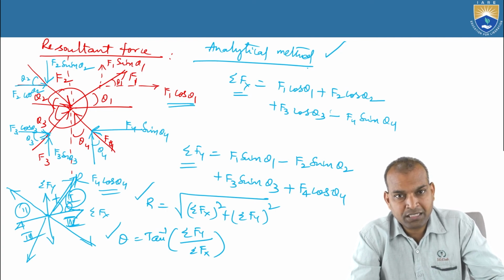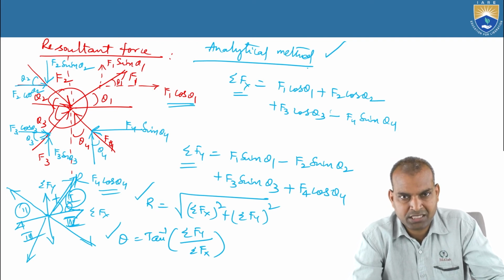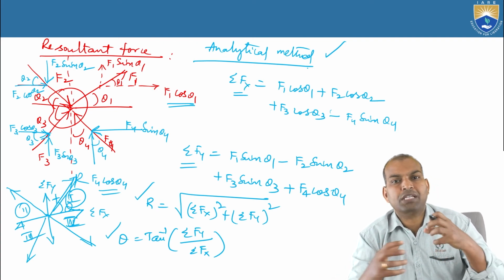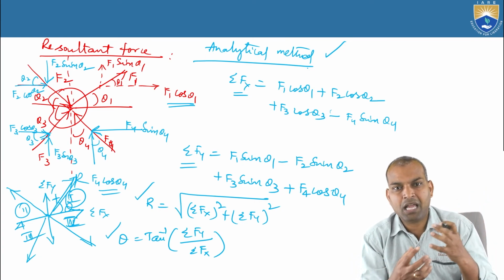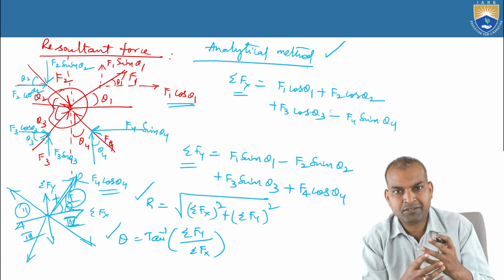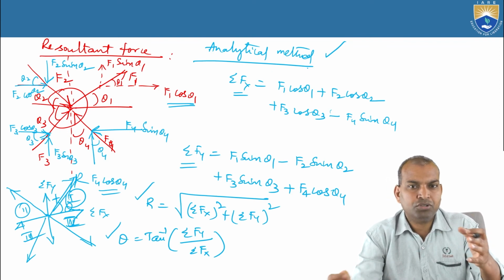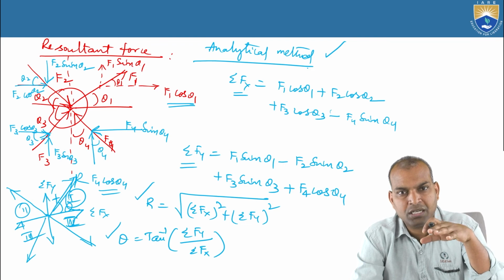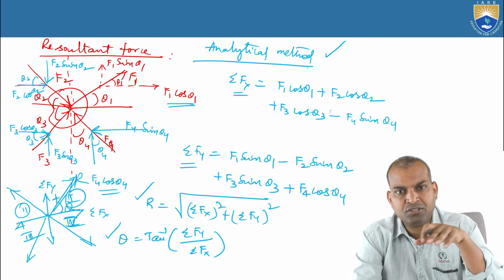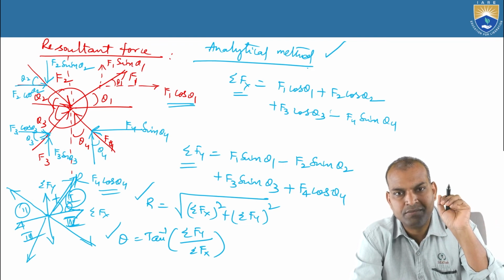In the coplanar concurrent force system, using the analytical method, we studied two cases. One is where all forces act away from the particle, tensile in nature, with all directions considered with respect to the horizontal x-axis.